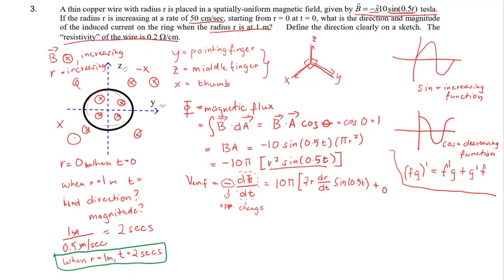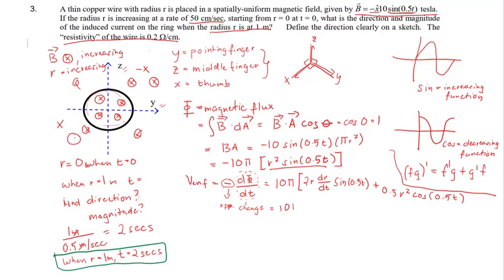So it's 0.5, and then f, that's r squared, and then cosine 0.5t.